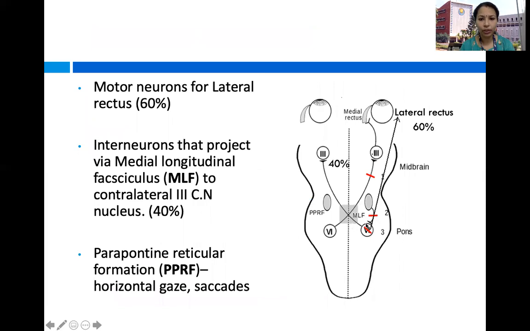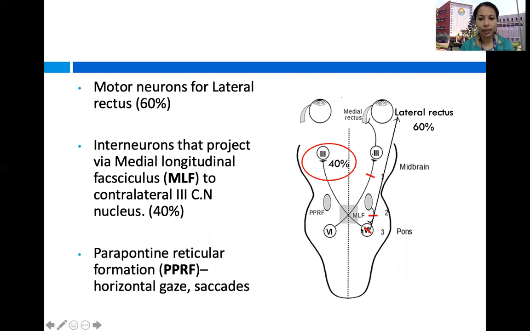The motor neurons for the lateral rectus emerge from the sixth nerve nucleus, and this constitutes around 60%, and the remaining 40% actually traverses via the medial longitudinal fasciculus to the opposite third nerve nucleus.